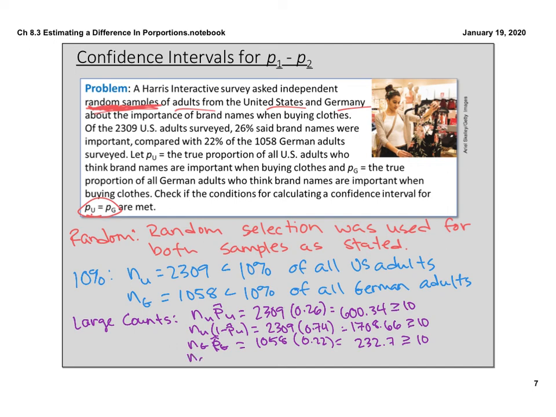Then n_G times 1 minus p hat G, 1,058 times 0.78, and again, a bigger number, 825.24, greater than or equal to 10. So the large counts condition is met for both samples.